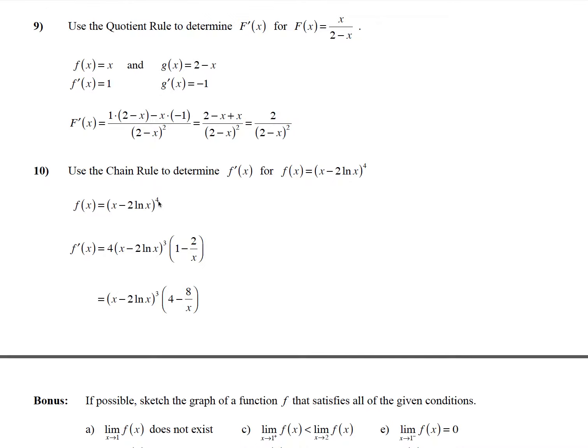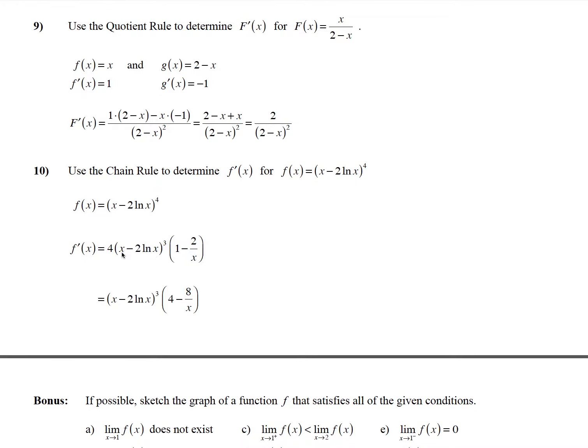So we bring the 4 around front here, use the power rule, so there it is. Then we subtract 1 from the 4, so this becomes a cube, a 3, and we leave this inside alone for the moment. Then we differentiate what's inside here.